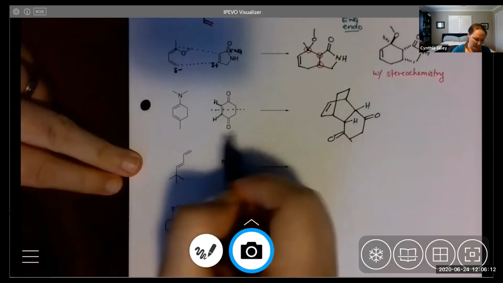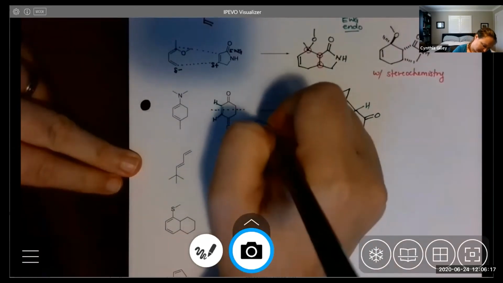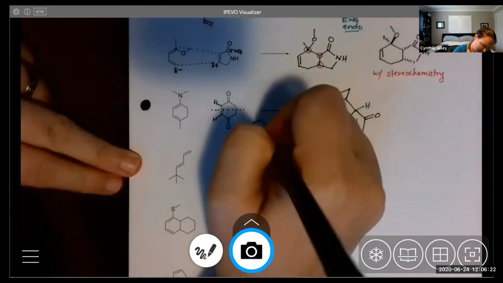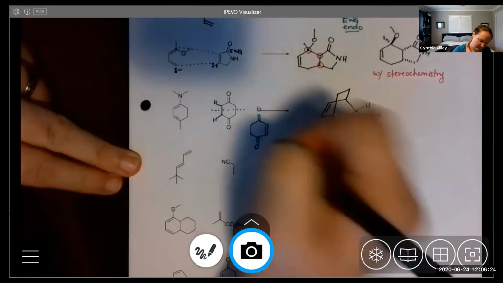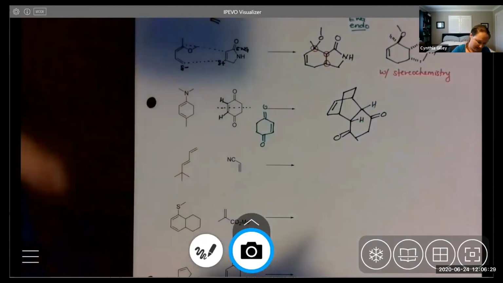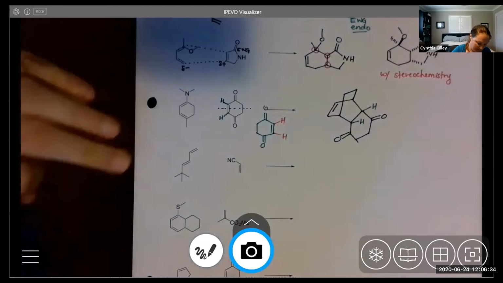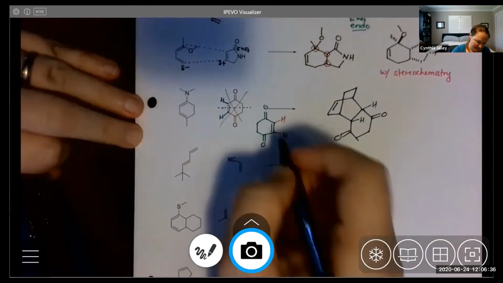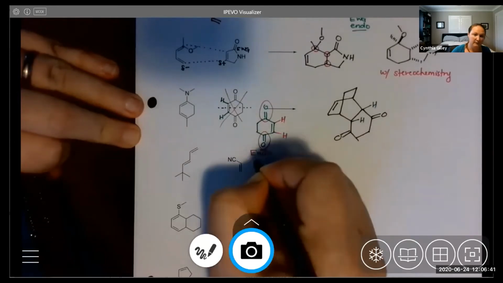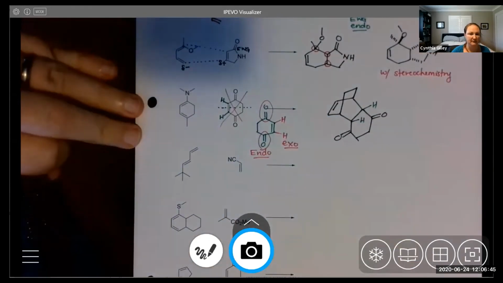It needs to be an endo approach. So it really approaches more like this. Endo, electron withdrawing groups endo, and the hydrogens here exo. So it doesn't really approach this way. It approaches this way because these are my electron withdrawing groups and they need to approach endo, and the hydrogens would be exo.